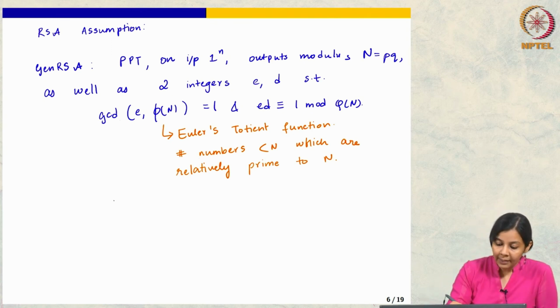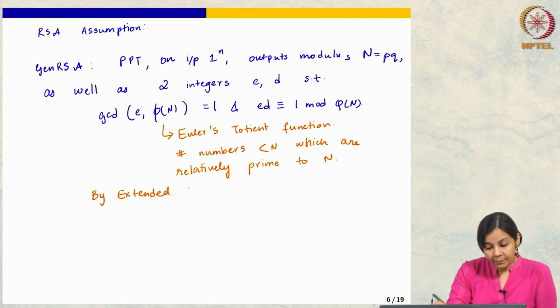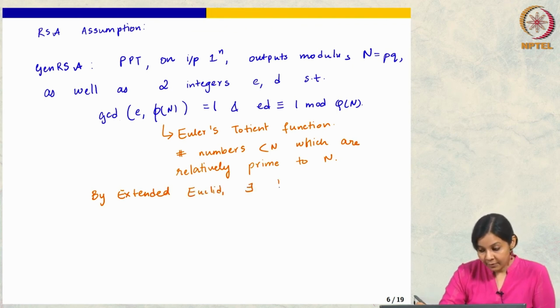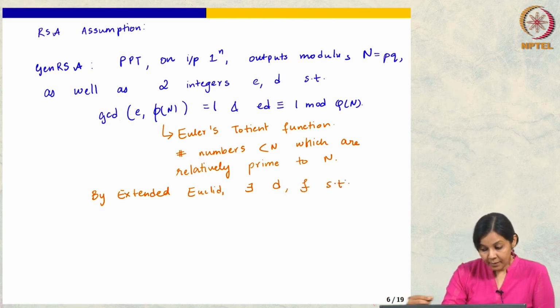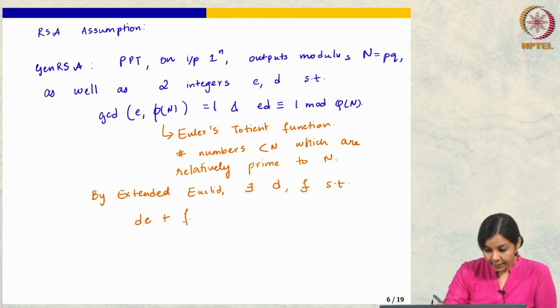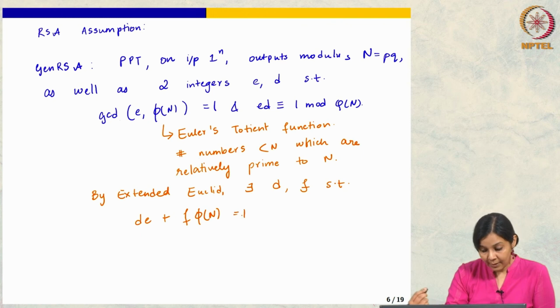Basically, by extended Euclid's algorithm, there exists, so maybe I'll stick with D here, such that D E plus F phi n is 1.